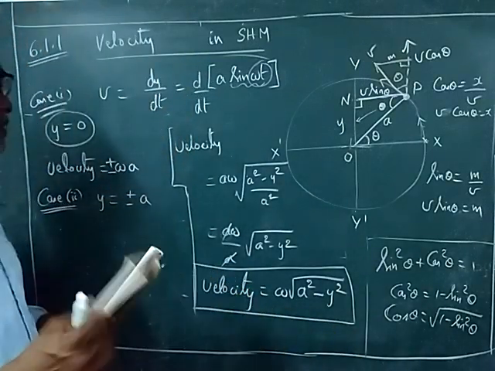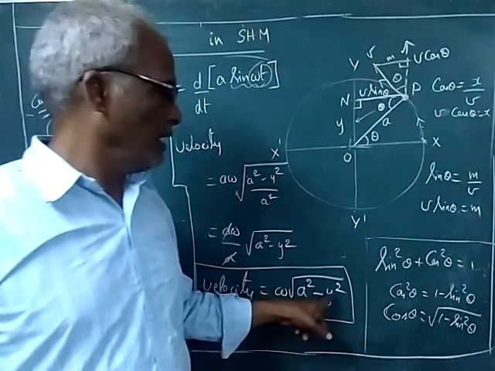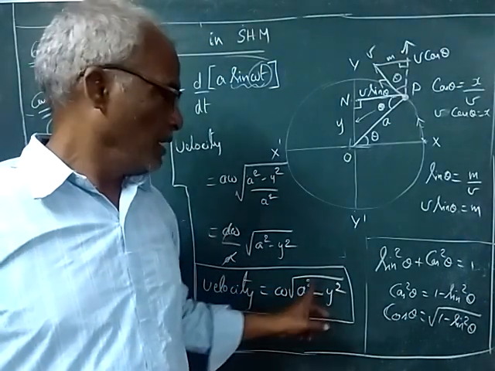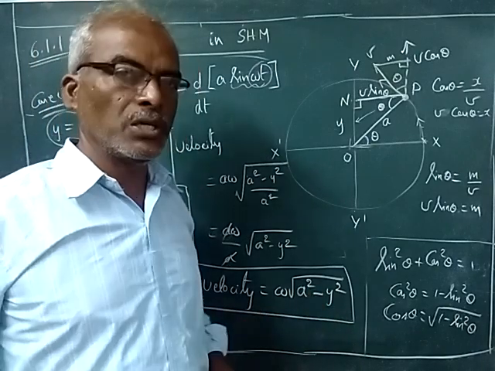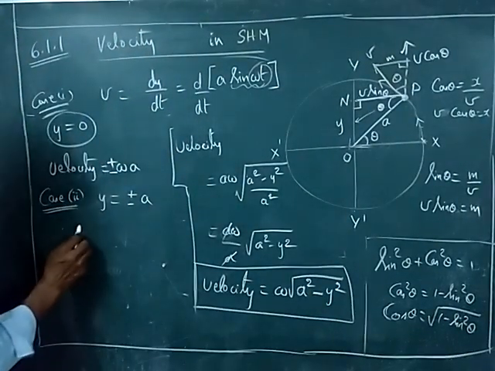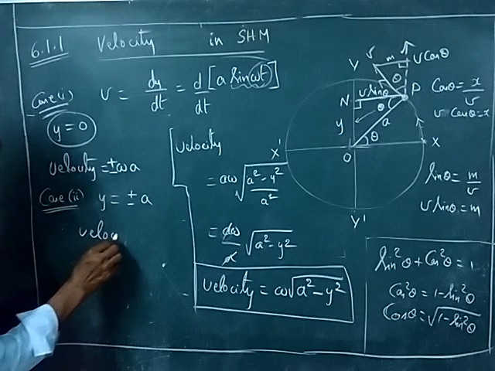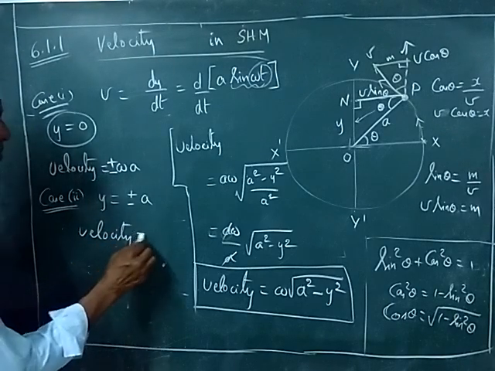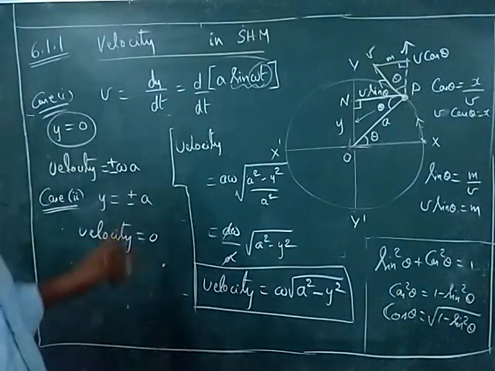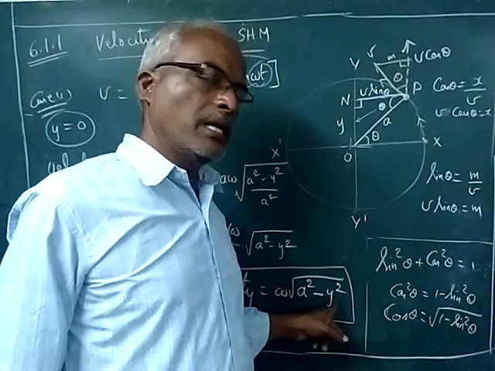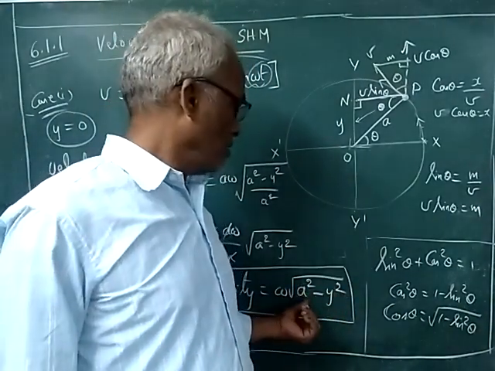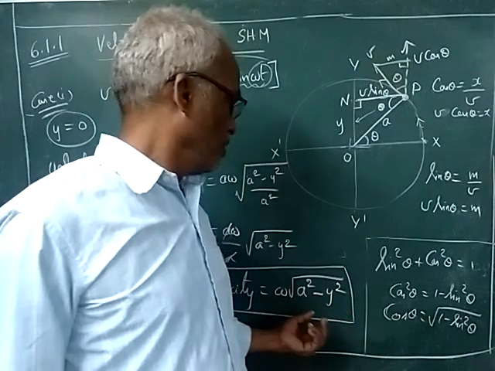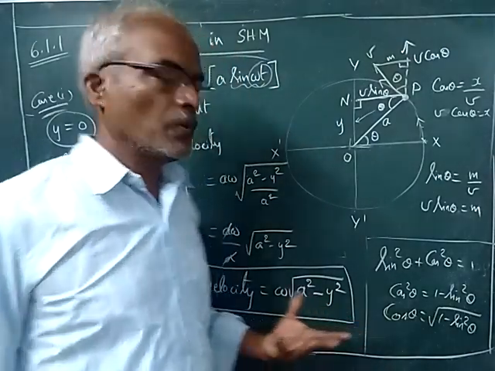So what happens is when you put plus a, a square minus a square value will become 0, velocity is 0. Similarly for y equal to minus a, once again a square minus a square is 0. 0 multiplied by anything is 0.